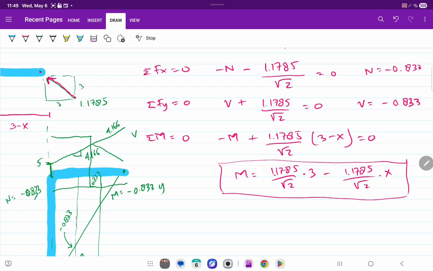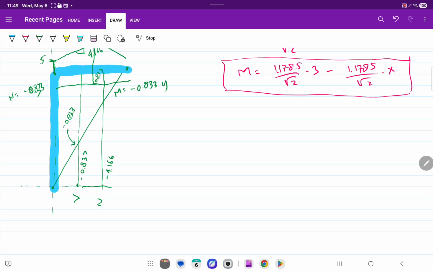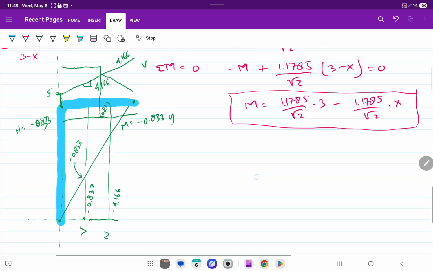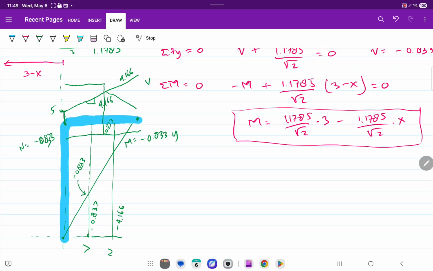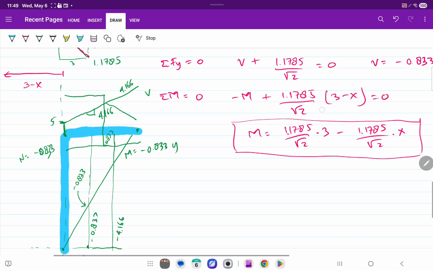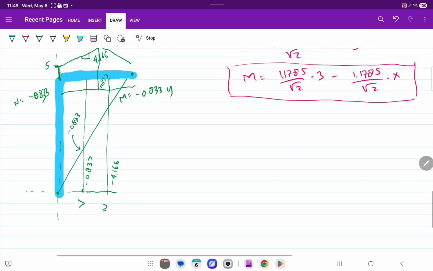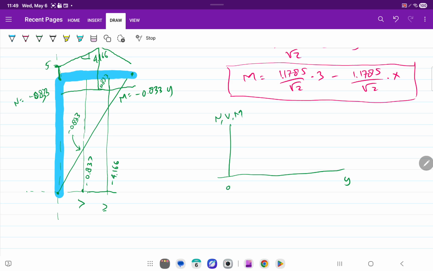Okay, draw nicely. Yeah, I'm too lazy to draw it again. But at least you know the idea. If you don't like that, just make a curve like this. This is y, this is N, V, M, from y 0 to y 6 meter.